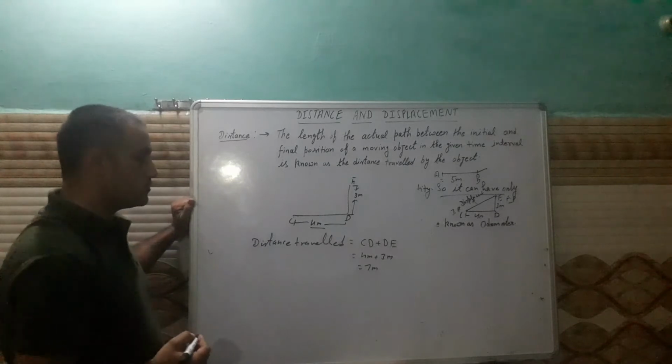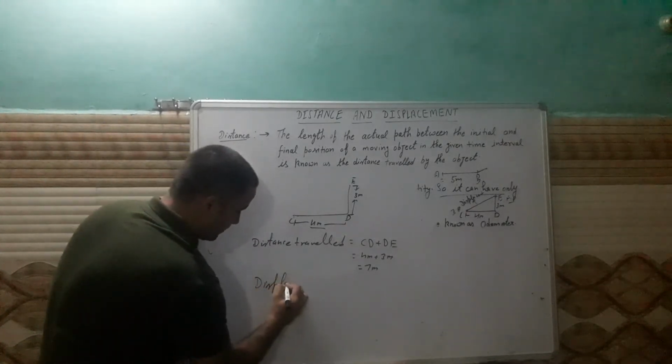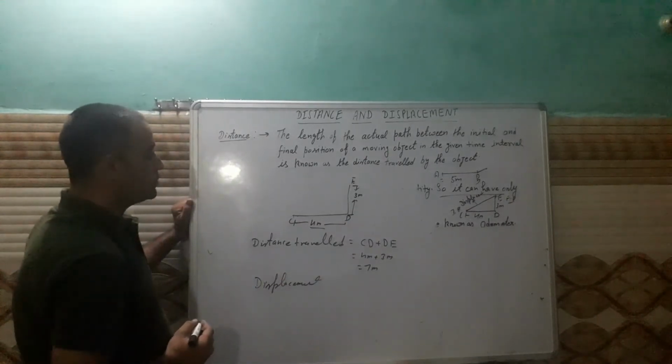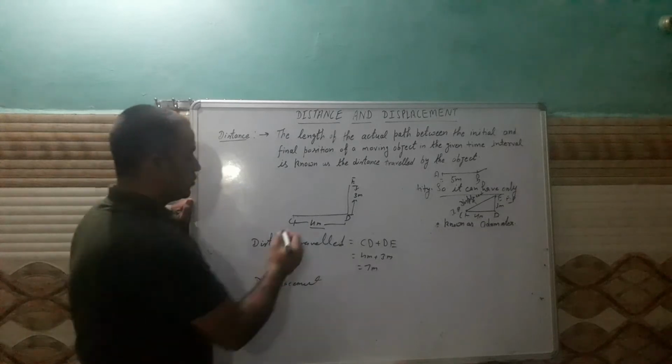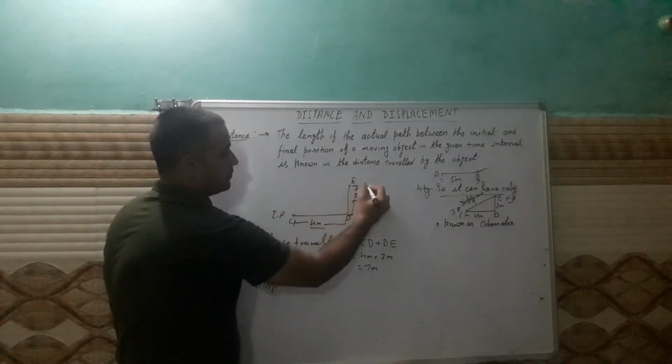Then according to the definition of displacement, what is its value? Displacement is the shortest distance between the initial position and the final position.